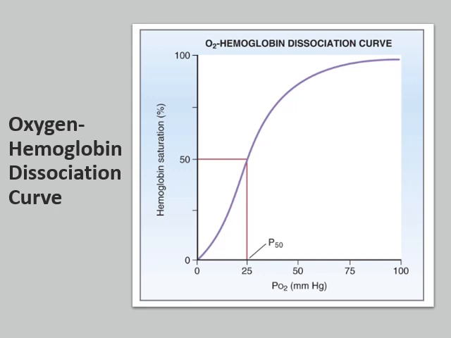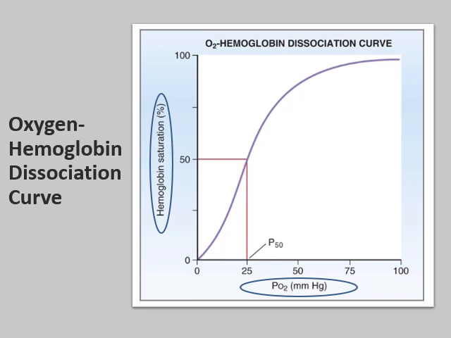The oxygen hemoglobin dissociation curve shows the relationship between the oxygen tension, which is the partial pressure of oxygen, and the percent saturation of hemoglobin with oxygen. It's an S-shaped curve due to the fact that oxygen combines with hemoglobin in steps as mentioned earlier, and each step increases the affinity of hemoglobin to oxygen in the next step until the maximum saturation occurs.